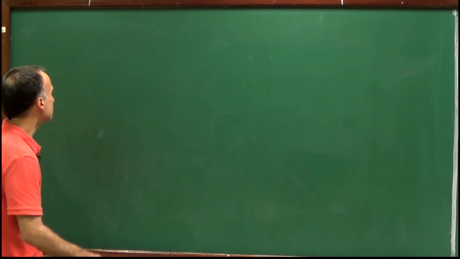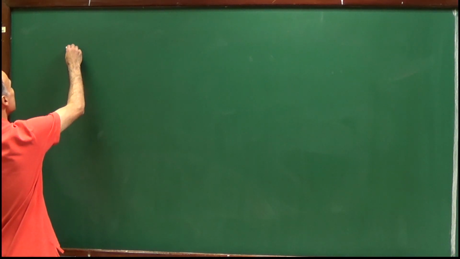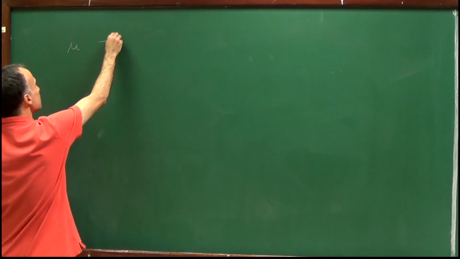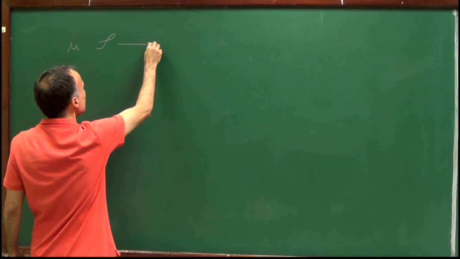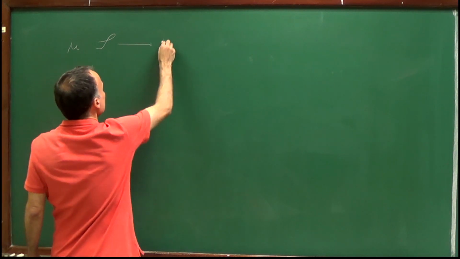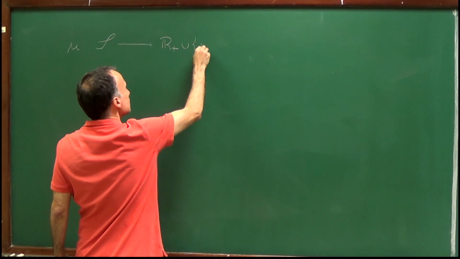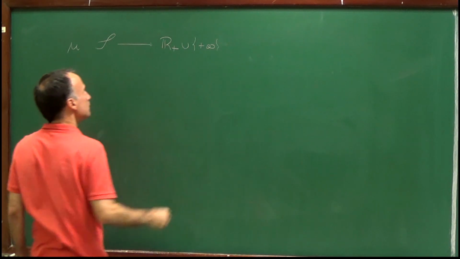So in the previous lecture, we extended a function mu, which was defined on a semi-algebra and taking values in R plus union plus infinity.